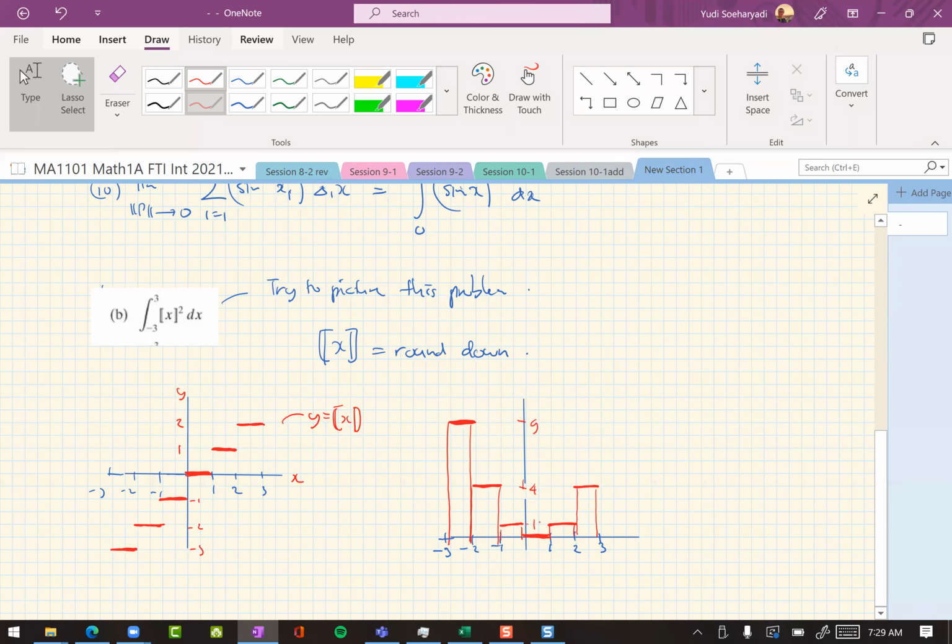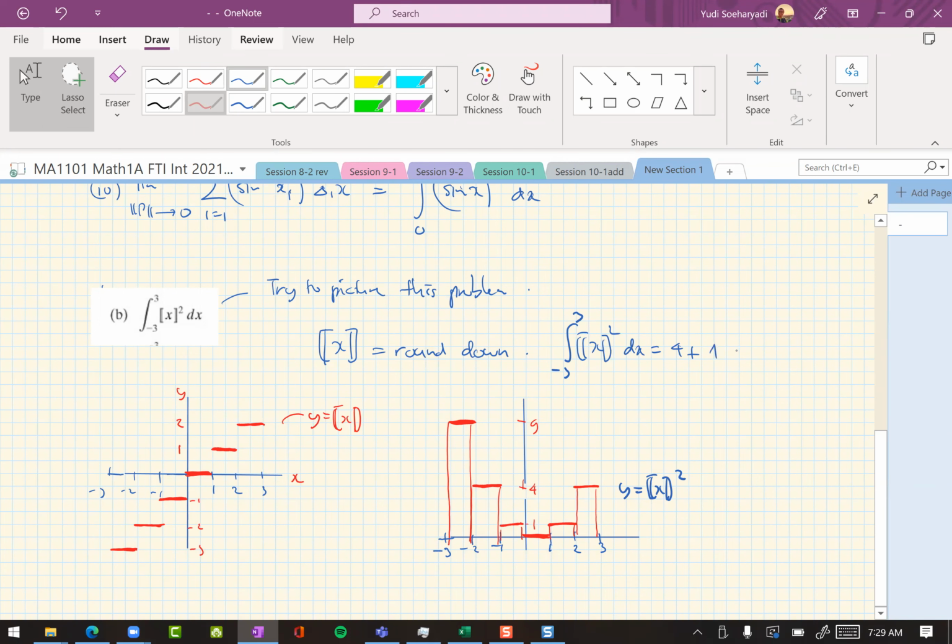So this integral equals, you add them up. 4 is 4.